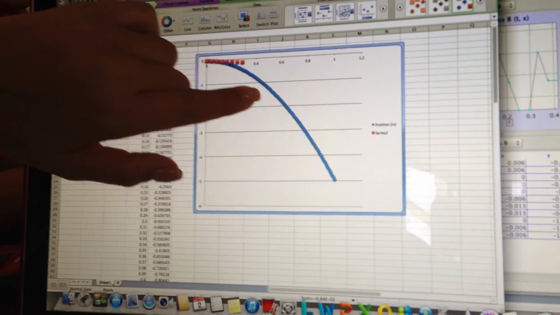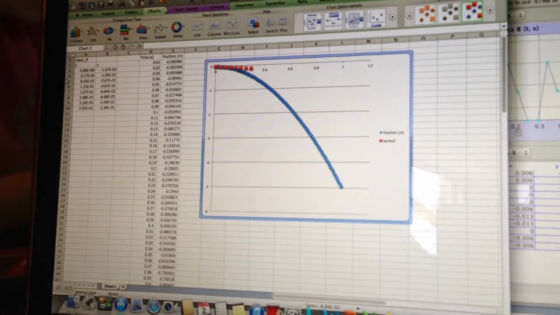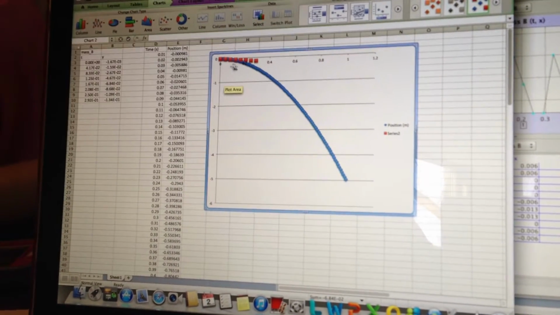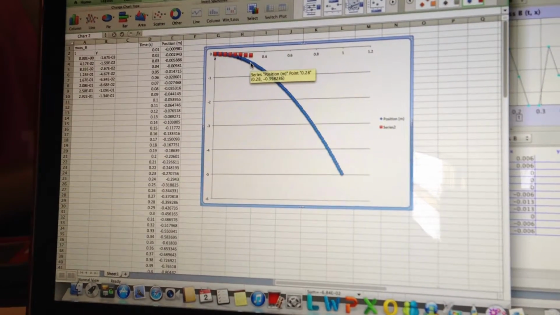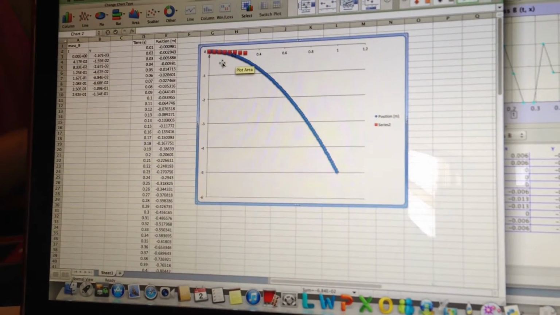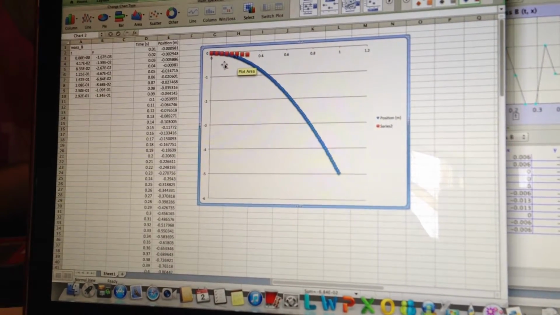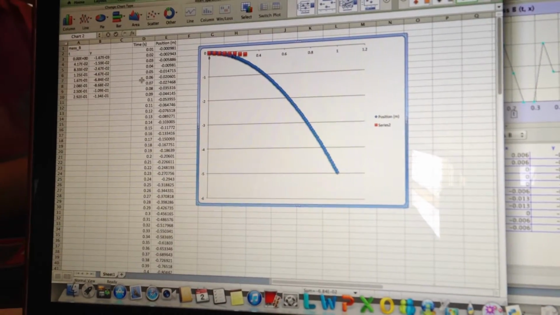Here you can see that this line just towards the end falls off to be a linear line, which eventually reaches its terminal velocity. But as you can see, the line that I got from my Tracker, I didn't have as many data points due to the short length of the video of the paper towel falling slowly. But if this was to continue, I think that maybe it would slope a little bit more.